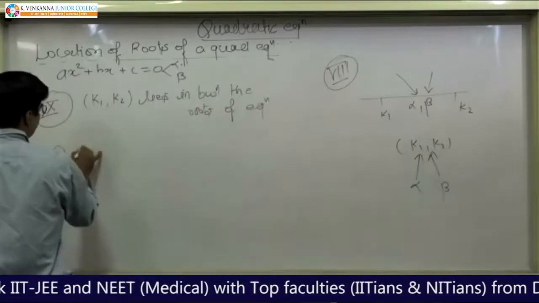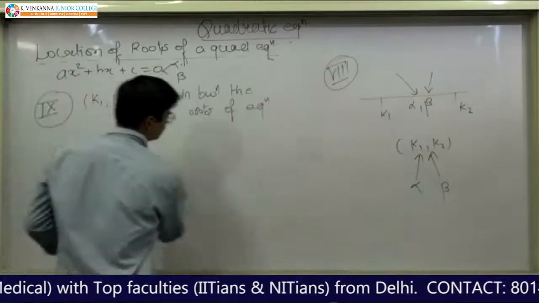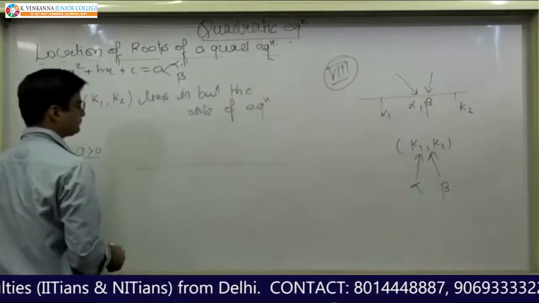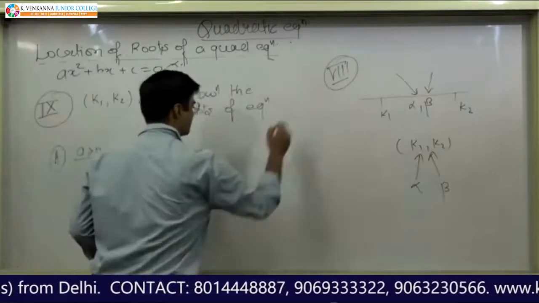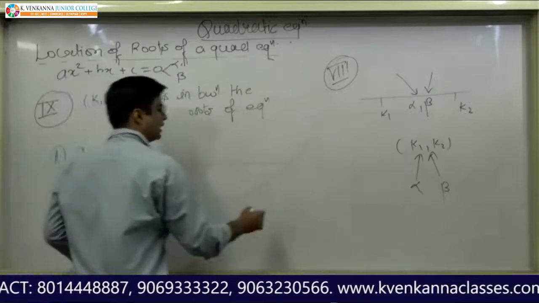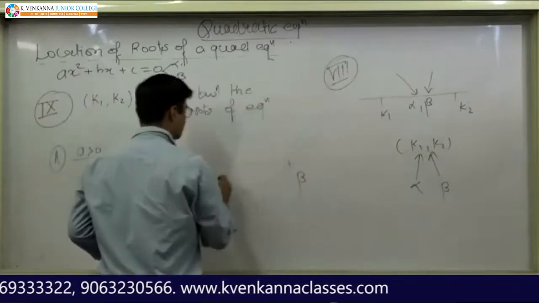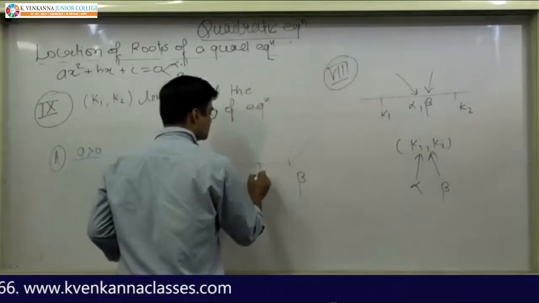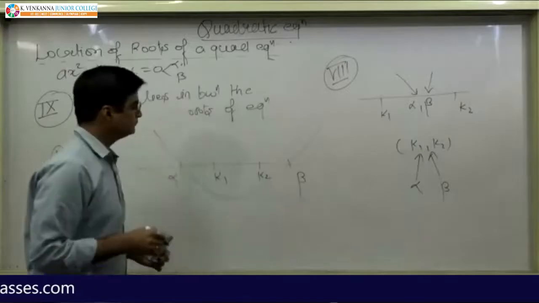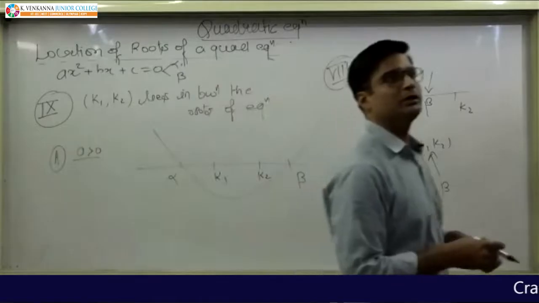Let's say A is greater than 0. Let's say this is your case, this is your alpha and this is your beta. Then K1, K2 must lie between these two roots.